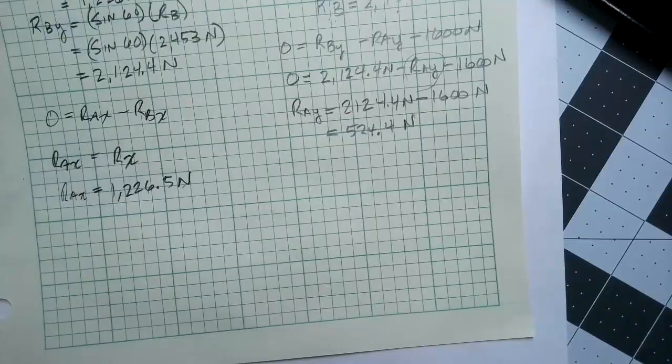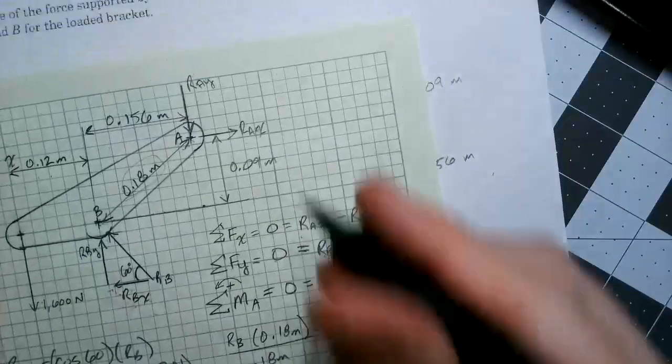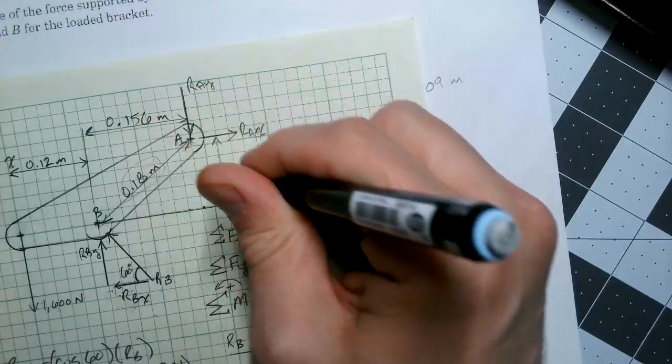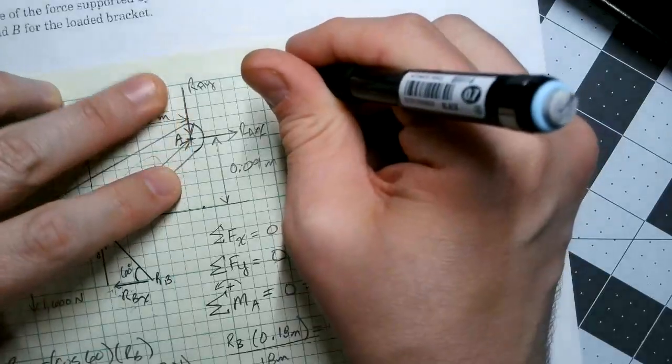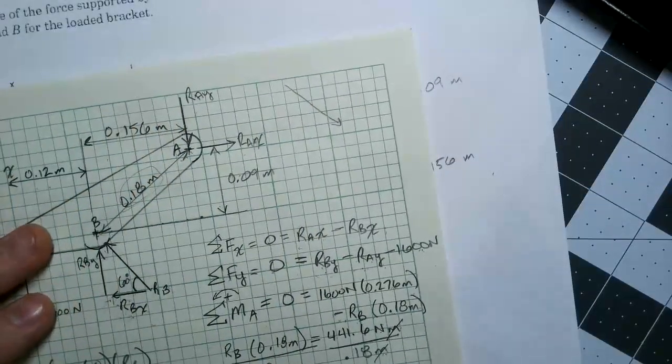So now what we can do is figure out what the reaction at A is and at what angle it is applied. If we go back to our free body diagram, we know that it's going down and to the right, so it's basically going off in this direction. Move it off the diagram.